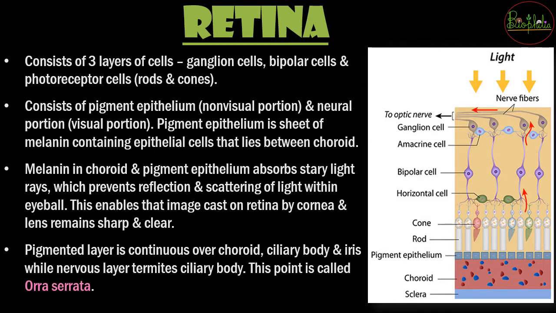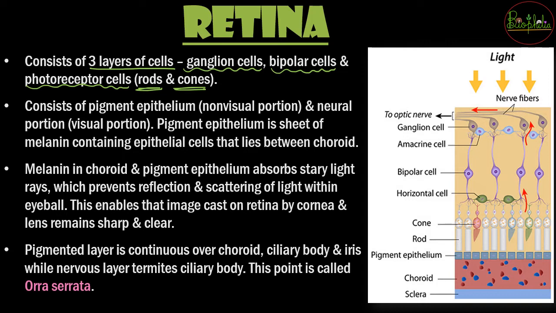The retina is our projector's screen, where the image is going to be formed. This image is formed on a layer that has three layers of cells: the ganglion cells, the bipolar cells, and the photoreceptor cells, which are further classified as rods and cones.